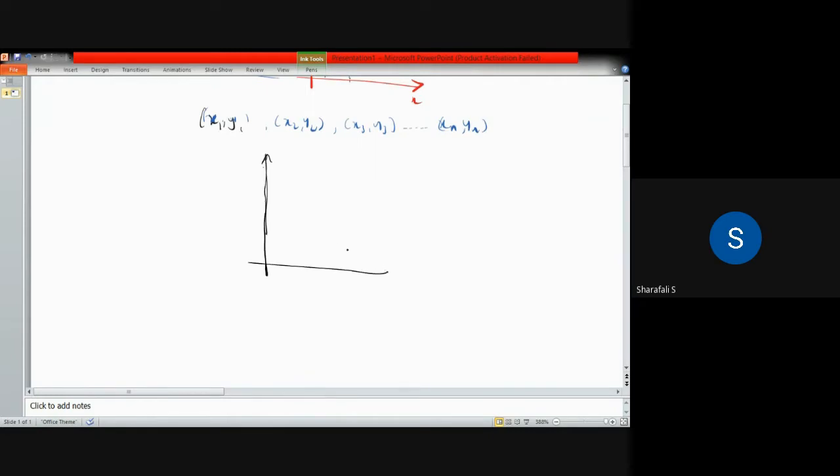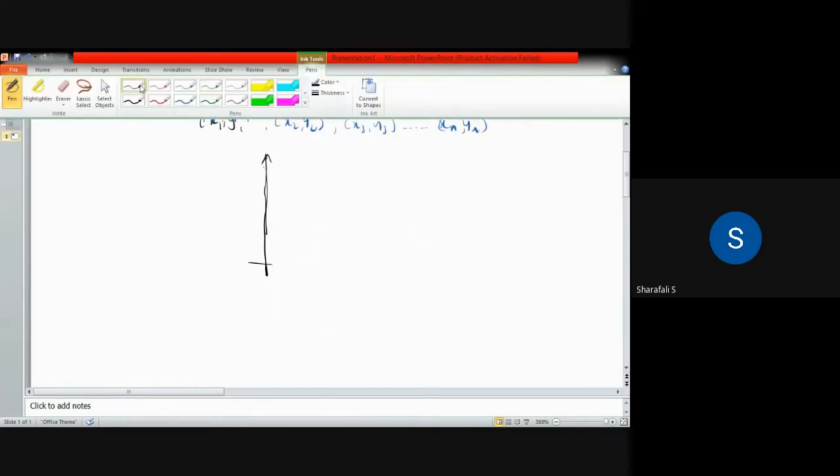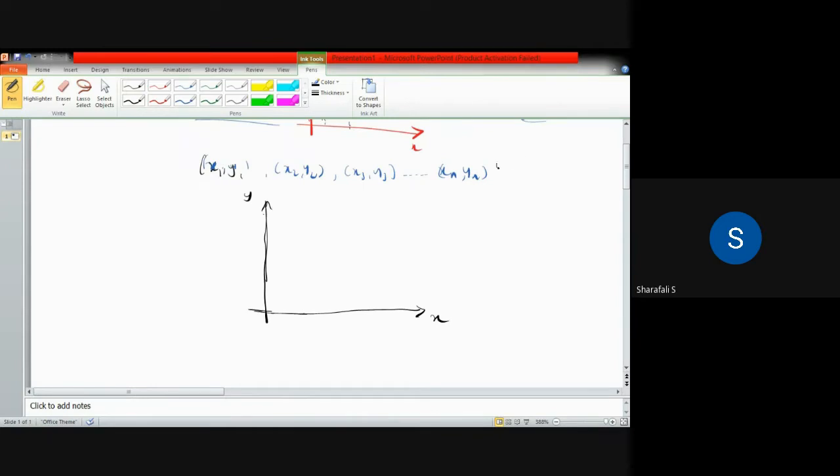This is how it looks approximately. This is your x, this is y, and these are x1, y1 and all these data points. Let us consider it like this. This is your first data point, second data point, third data point, fourth data point, and fifth one.